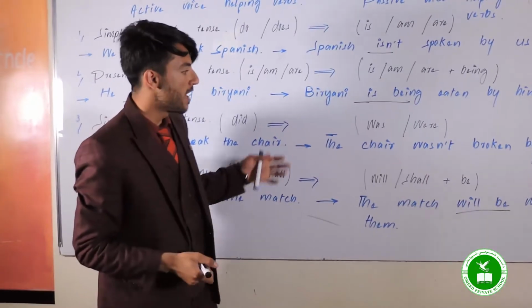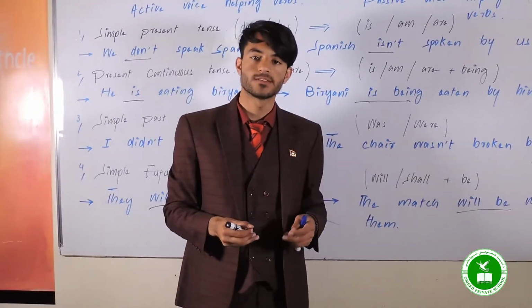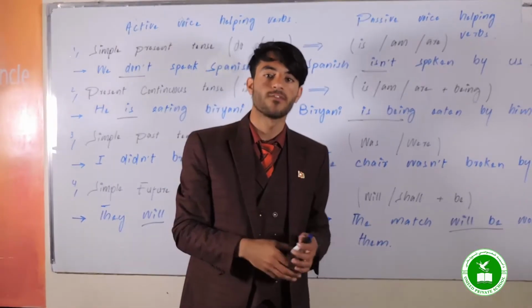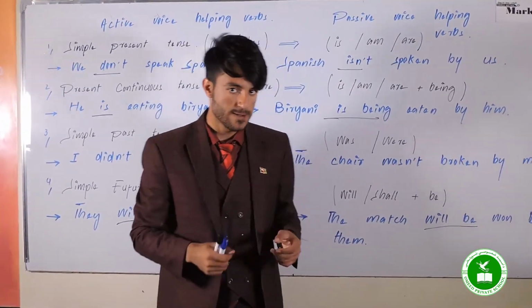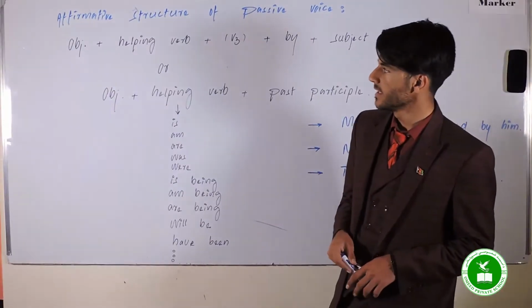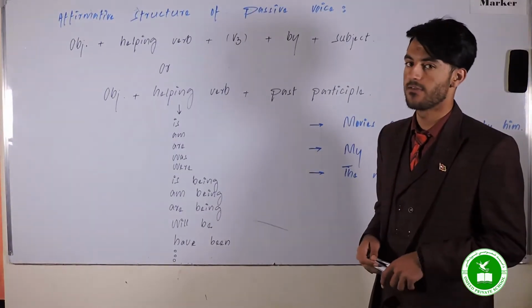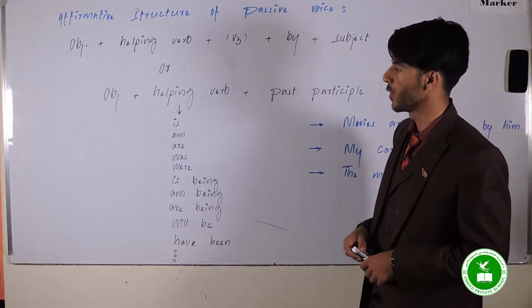Okay guys, now I hope you have learned this, and now I'm going to write the structure of passive voice. So let's talk about the affirmative structure of passive voice. What is the structure of passive voice?